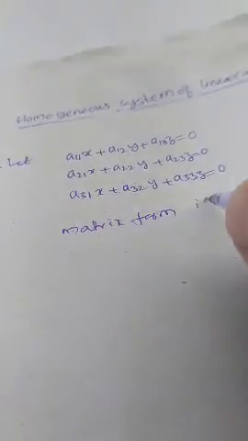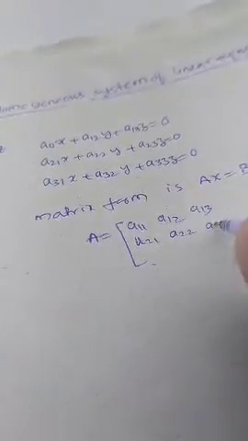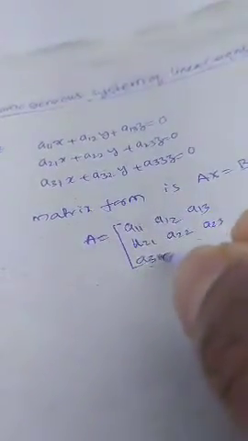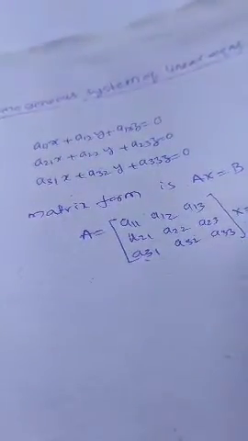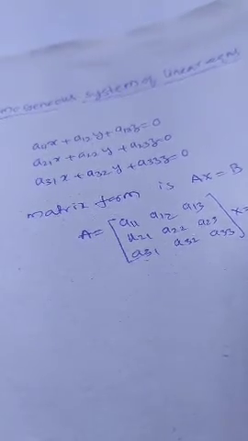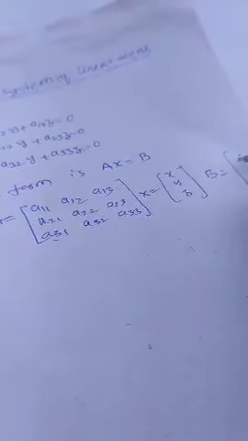The matrix form is AX equal to B, where the coefficient matrix A is a11, a12, a13, a21, a22, a23, a31, a32, a33, and capital X is x, y, z, and capital B is the zero column matrix 0, 0, 0.